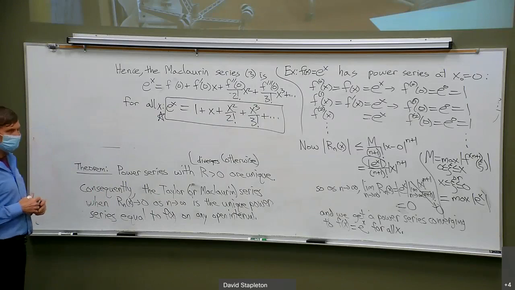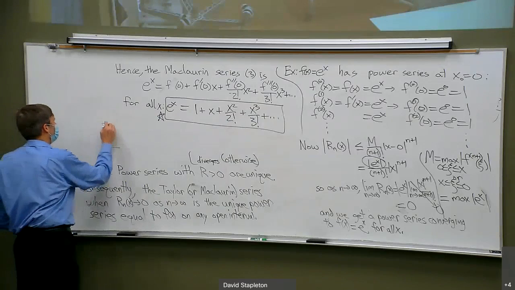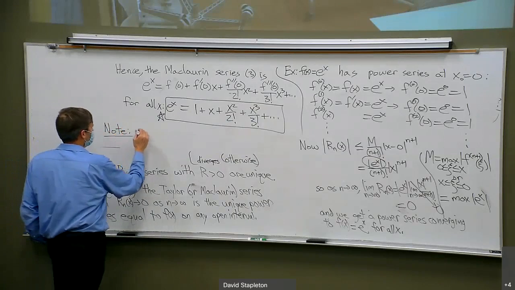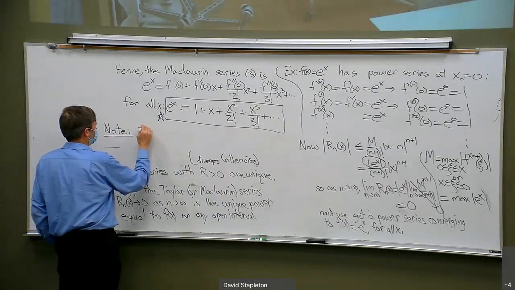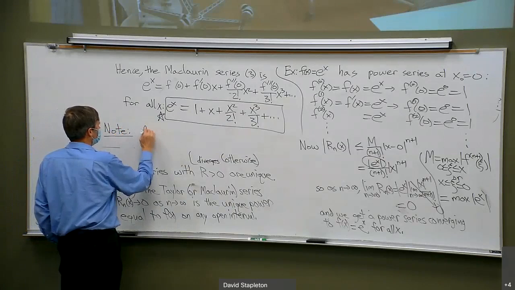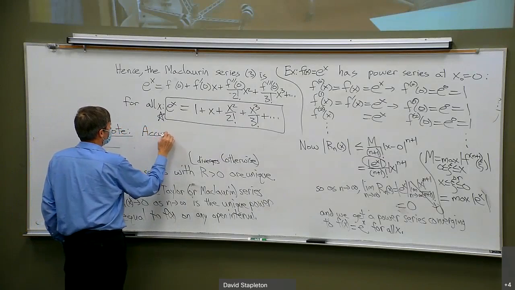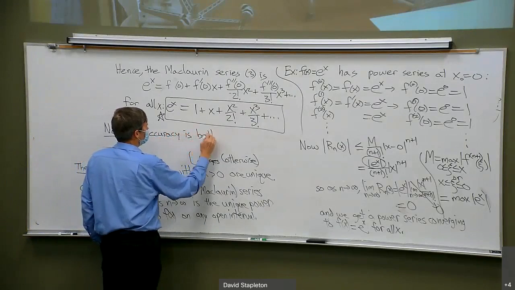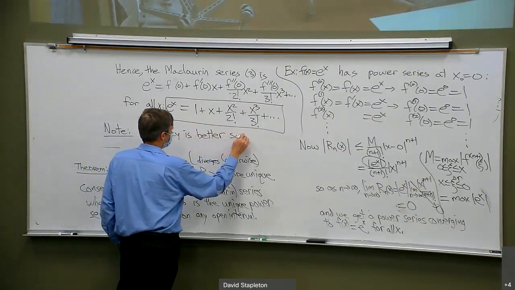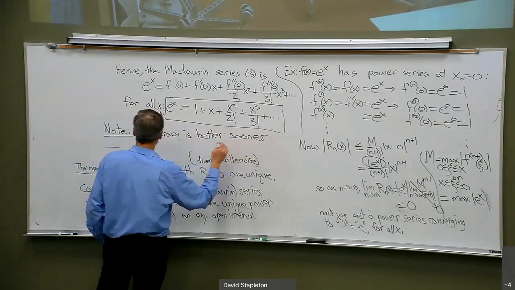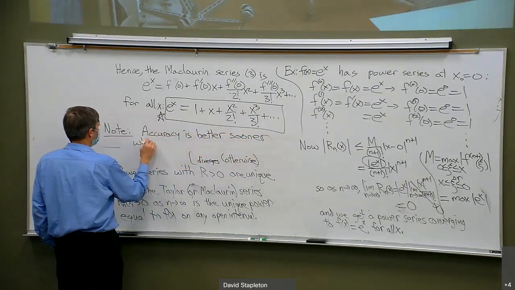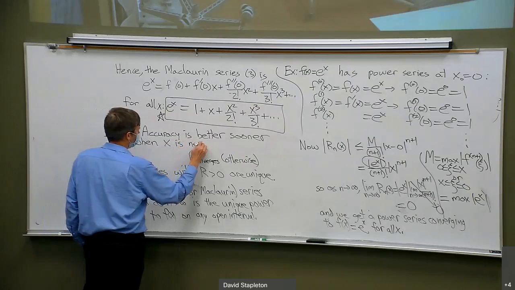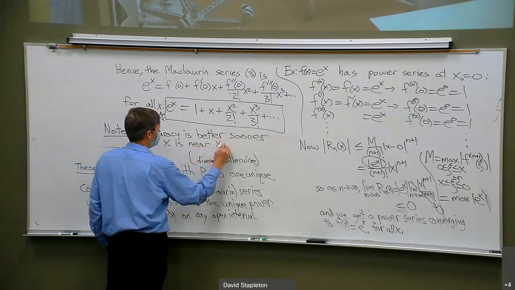And the idea is, in general, convergence requires, you get better accuracy sooner with less terms when x is near the expansion point, we call it x0.